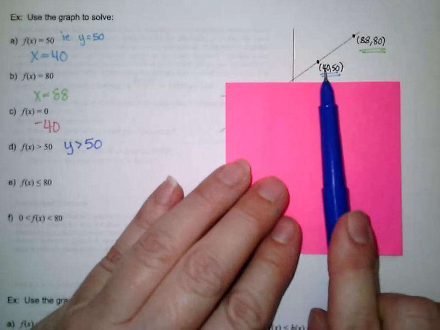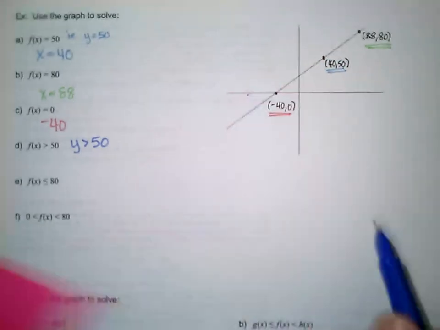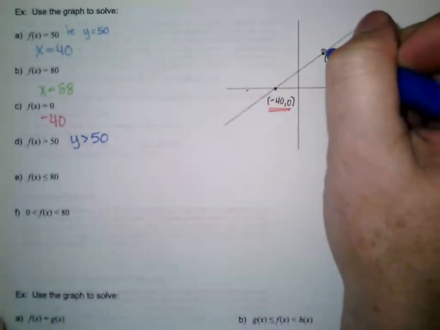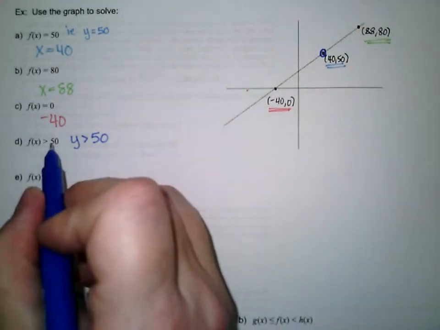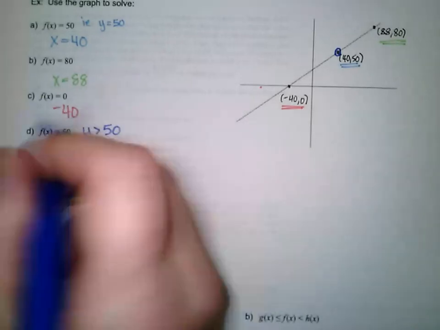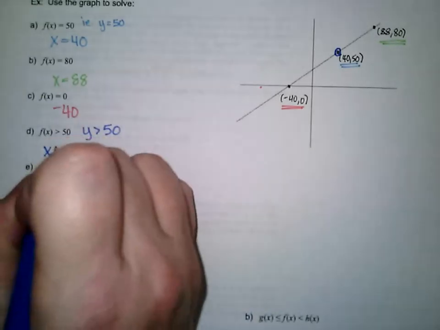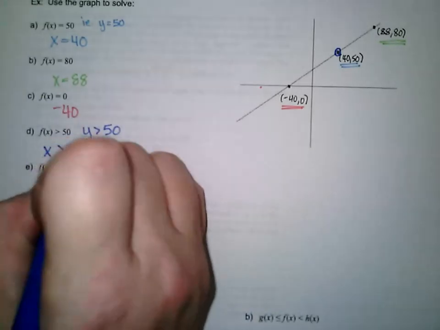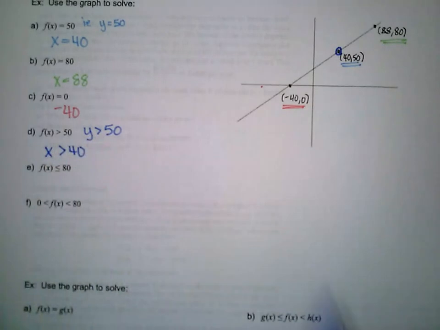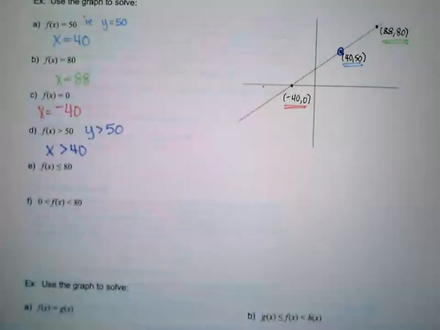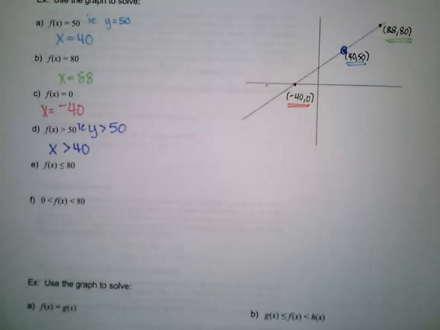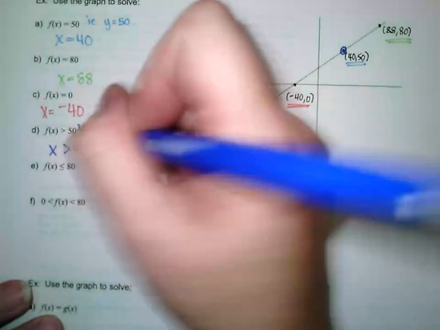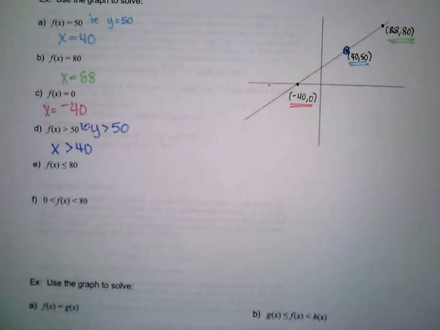That x value was 40. Since I can't include that ordered pair, that's an open circle because it was greater than 50. Those are going to be the x values that are greater than 40. I probably should have put x equals negative 40. So I'm just changing that to say i.e., what that means is y is greater than 50.